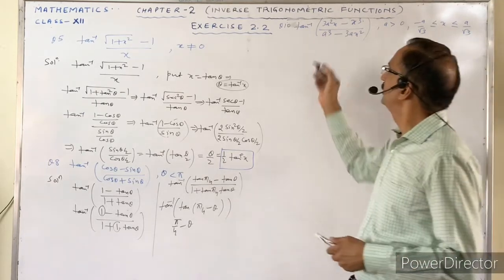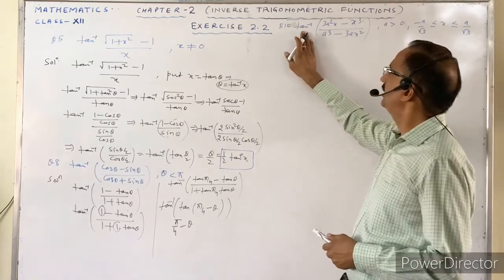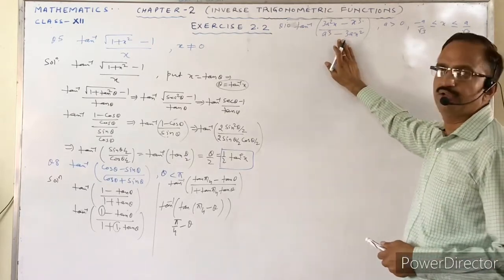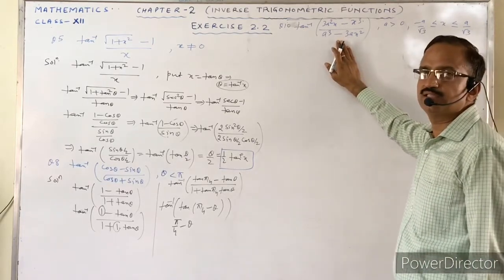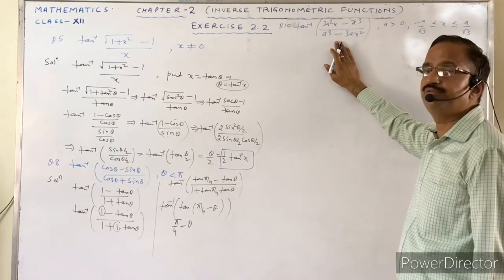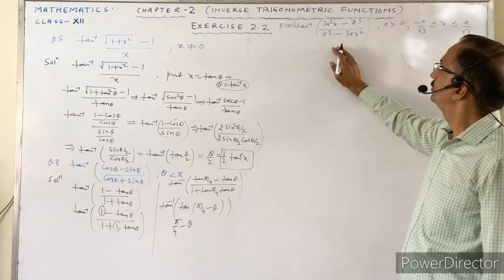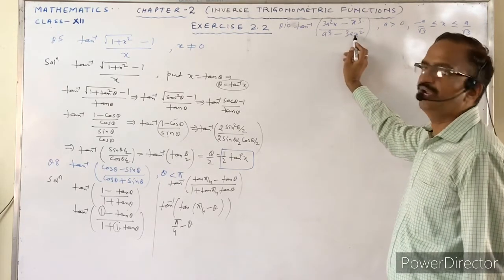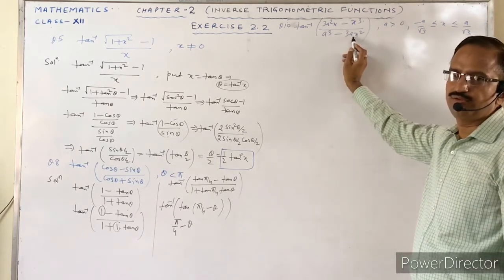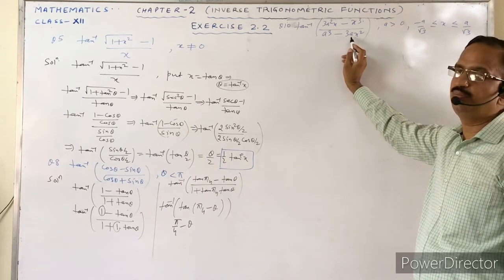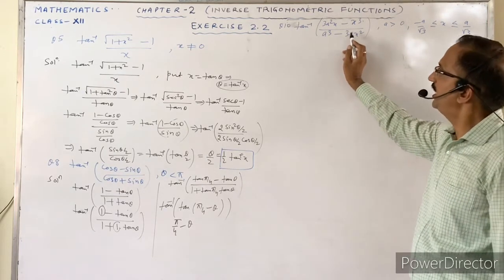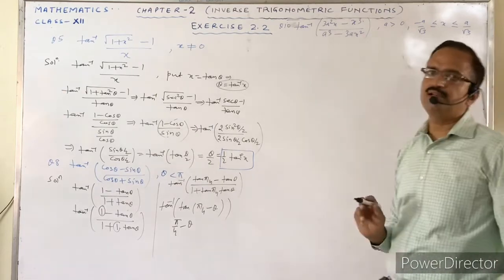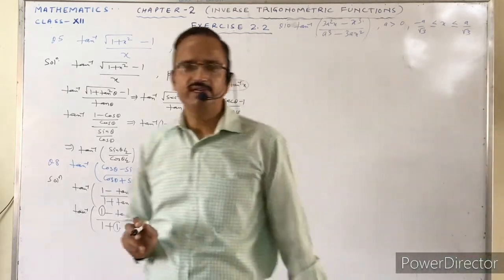Now look at this, again tan inverse. So we will try to make the values in the bracket in the form of tan. Look, we have a and x here, and here also a and x. So what should we substitute in place of x so that this result is converted in the form of tan?